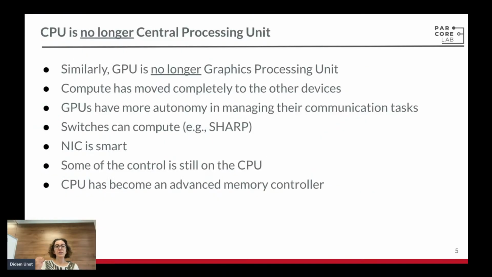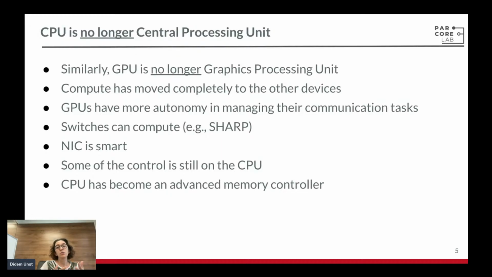Over the years, while those things were happening, most of us came to the conclusion that the CPU is no longer the central processing unit, even though CPU stands for central processing unit. This is similar to GPUs no longer being graphics processing units.